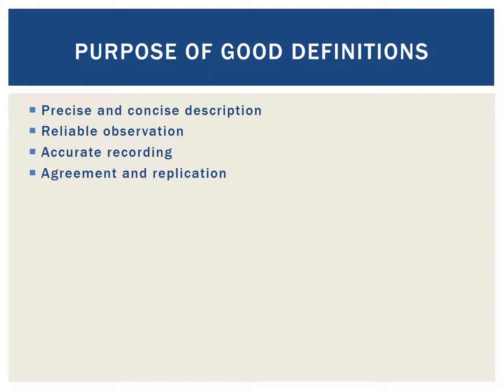It enables you to be reliable, or you can have high agreement between two or more observers. They're much more likely to get it with clear definitions. It greatly increases the accuracy of the recording you do when you have clear, concise, objective definitions. And the extent to which your results can be replicated is enhanced with clear definitions. So it's critical to all the different variables we've been talking about.